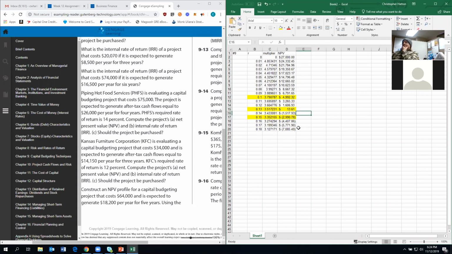And we can say that our internal rate of return is going to be 13% because this is pretty close to hitting 0 based off of how big the actual numbers we're working with are, 18,200.